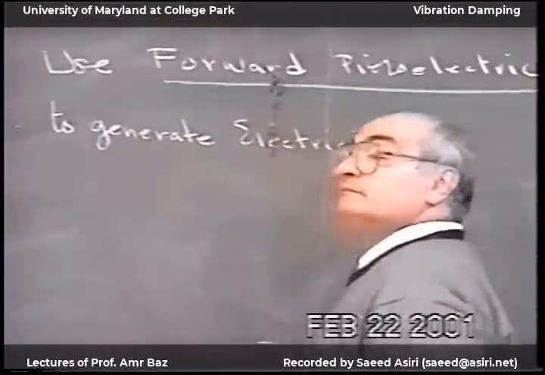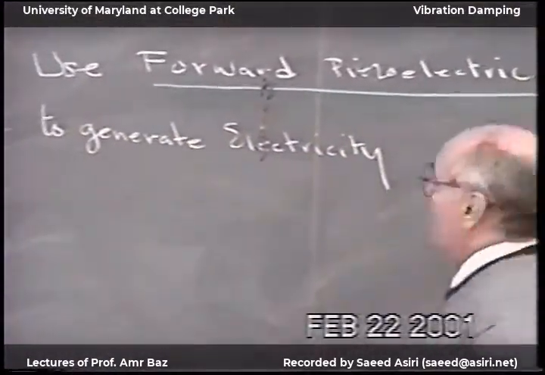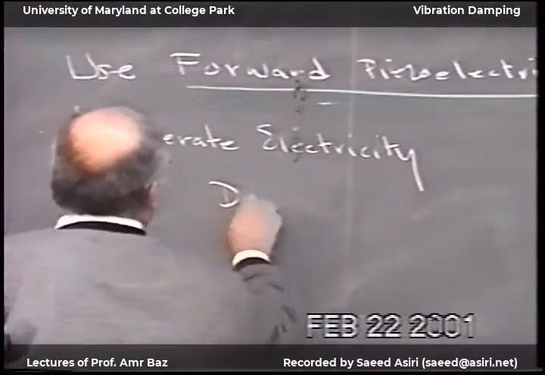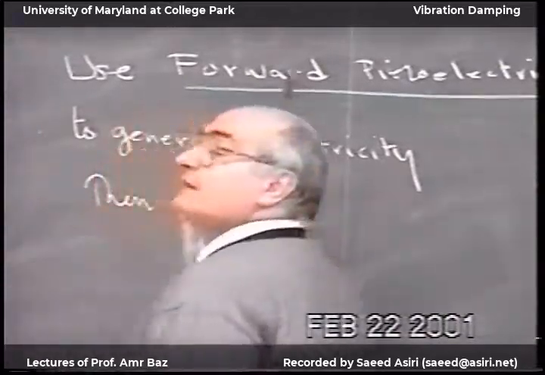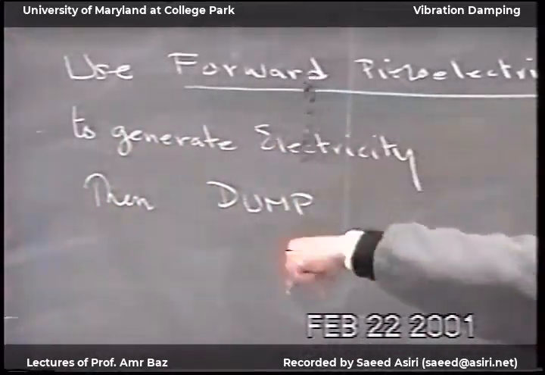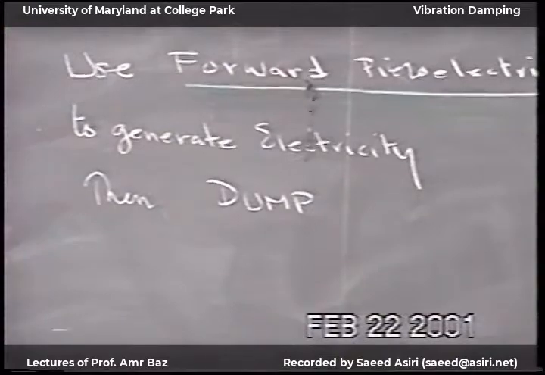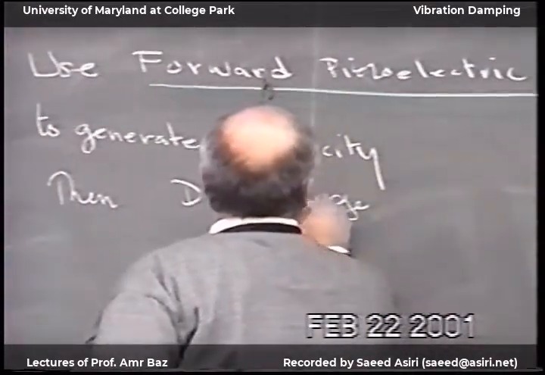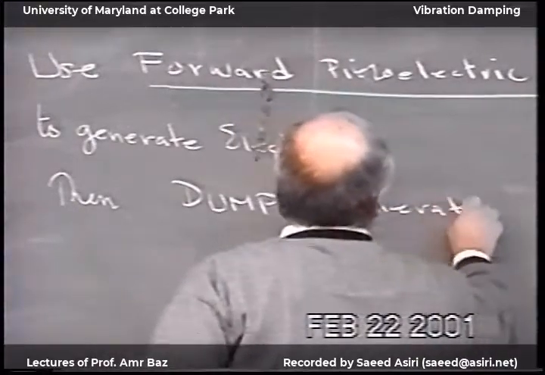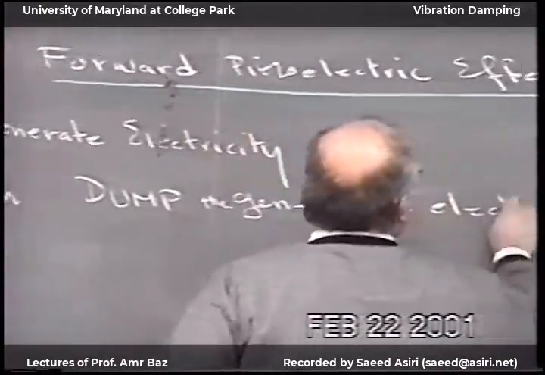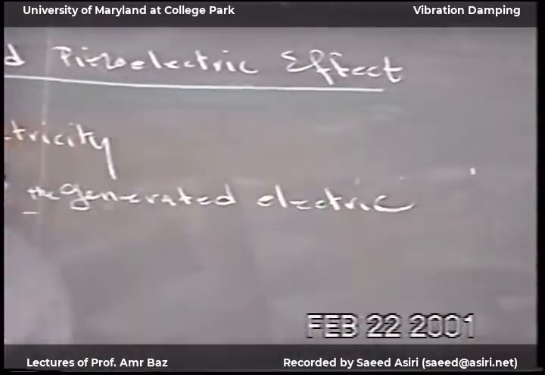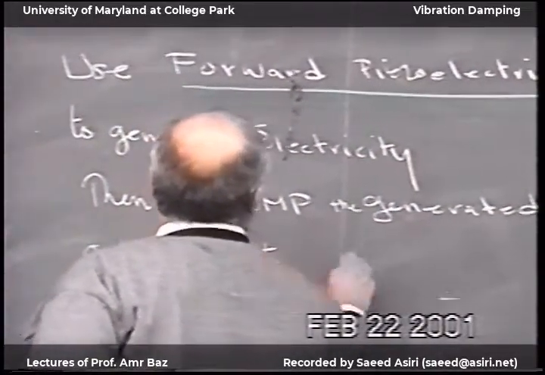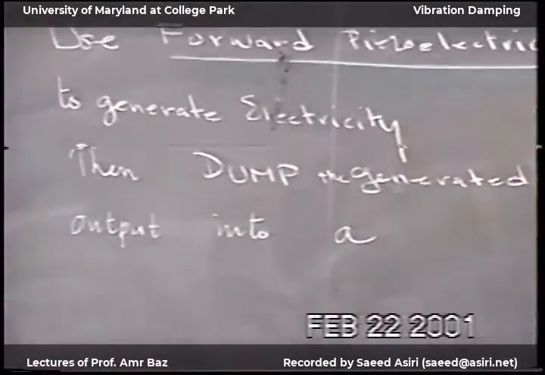And we'll say now here, and then dump this electric power in a source that will dissipate energy. Dump the generated electric power, the electric output, into an energy dissipative circuit.